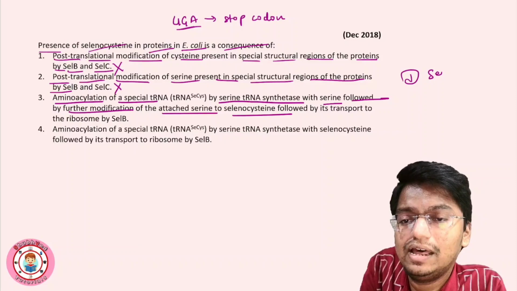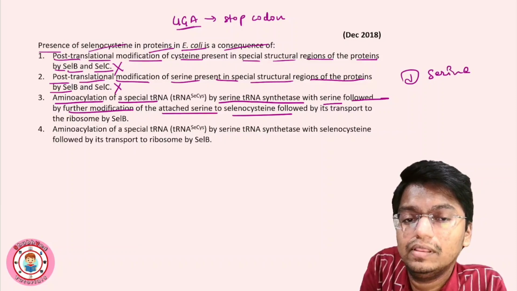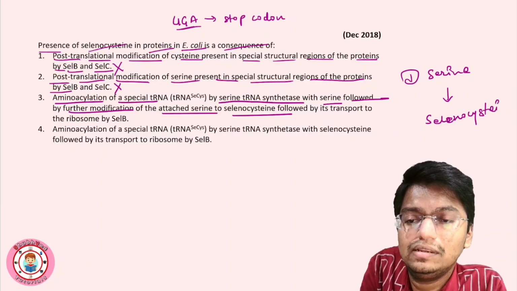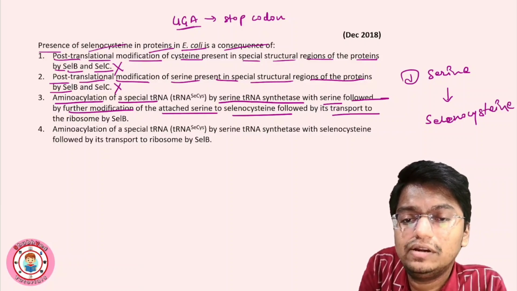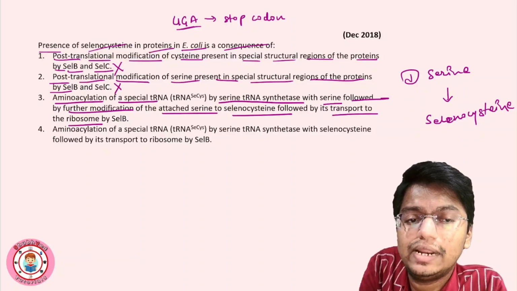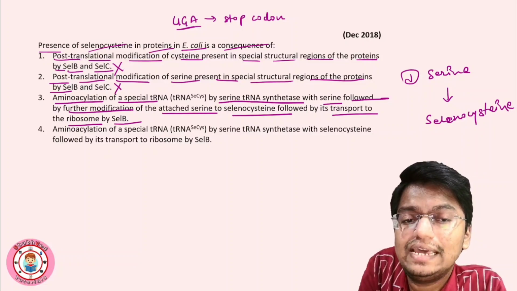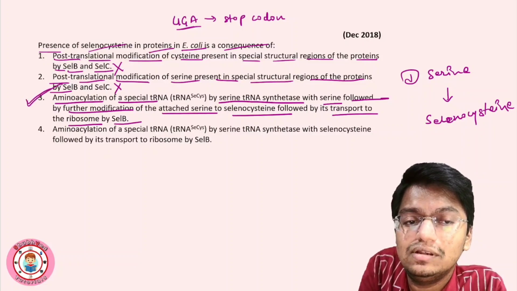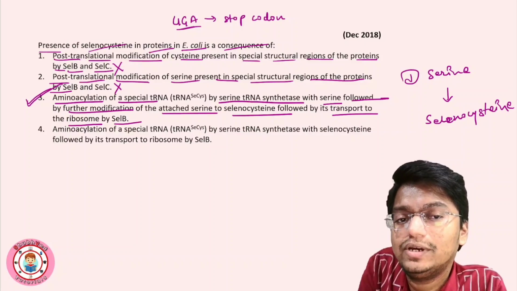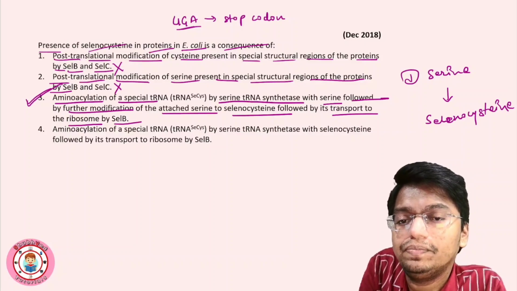Serine gets modified to selenocysteine, then it is transported to the ribosome by cell B. So this is the correct statement. Okay, this is also something you have to remember, right.